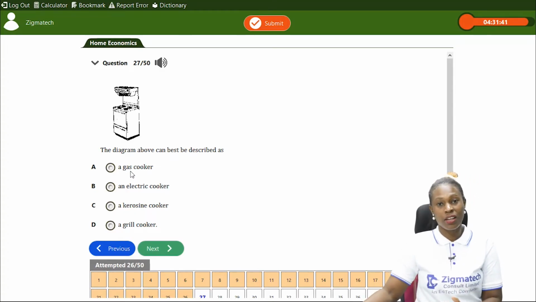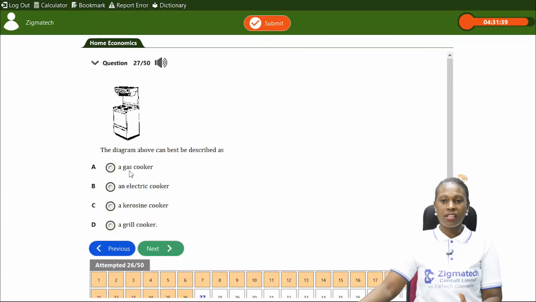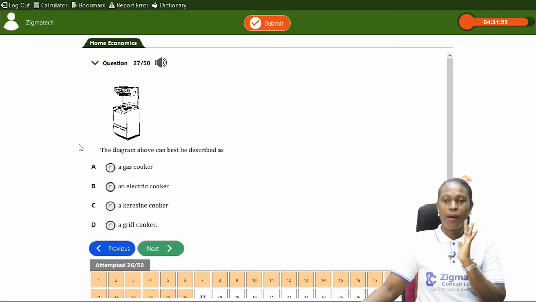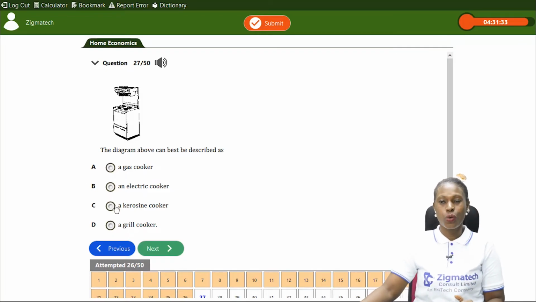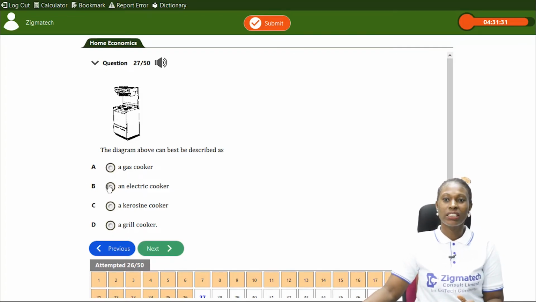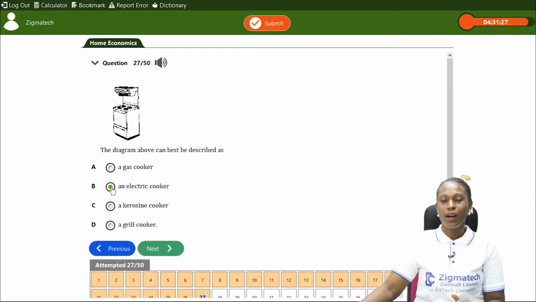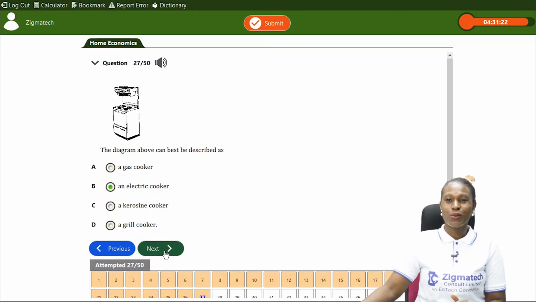You might just pick the wrong answer. So if you look closely, this diagram here is an electric cooker. So the diagram we have here is the electric cooker. Let's look at the next question.